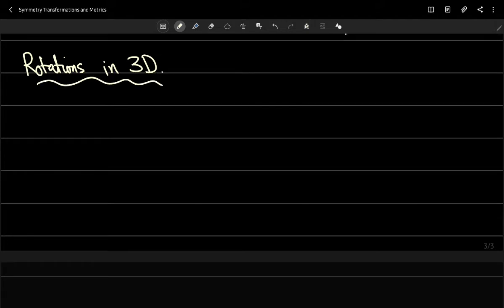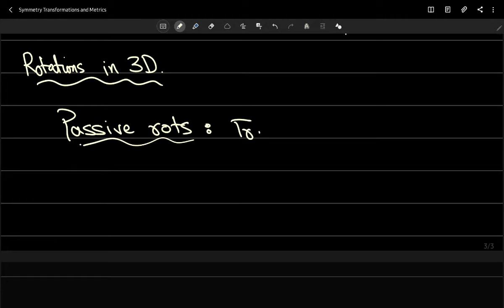Here we focus on transformations of coordinates, and not on the transformations of the objects. And this is known as passive rotations. In this, we focus on transformation of coordinates rather than the transformation of the objects.